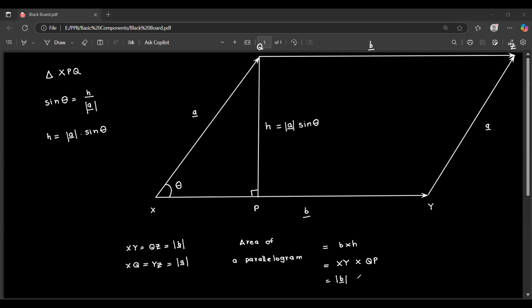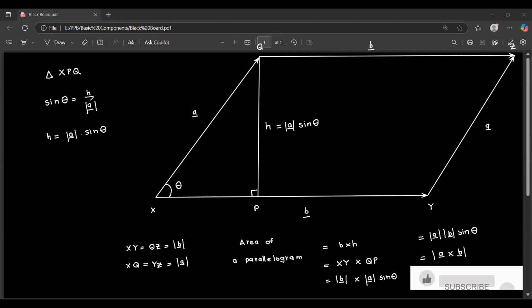If I rearrange this, I will get modulus of A, modulus of B, sine theta. This is the angle representation for the magnitude of A cross B. So this is the idea that we are going to apply to find the area of a parallelogram.